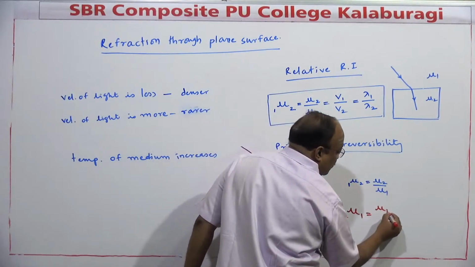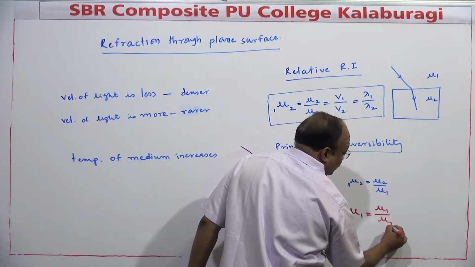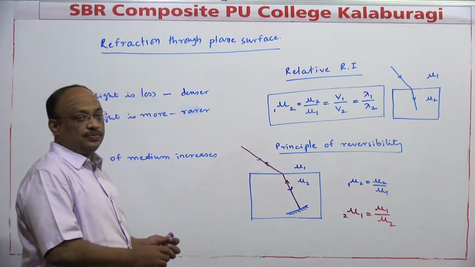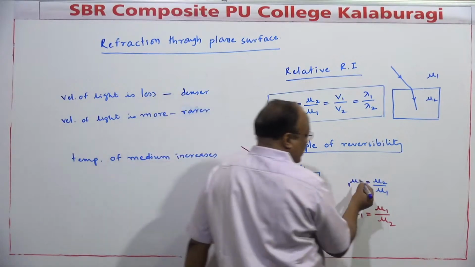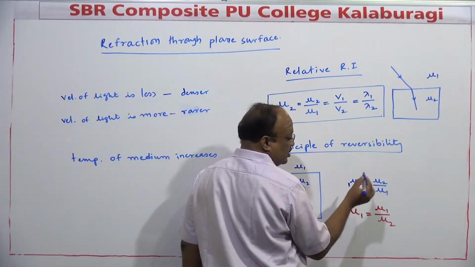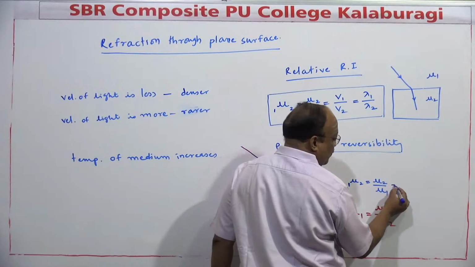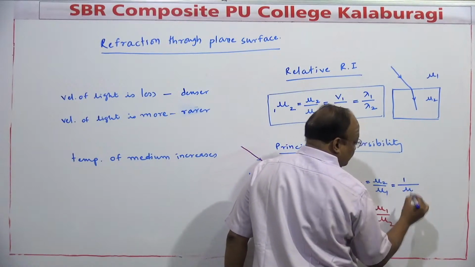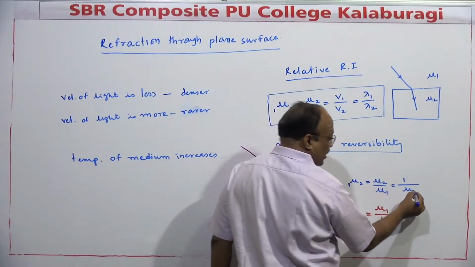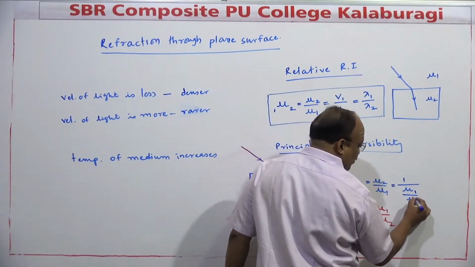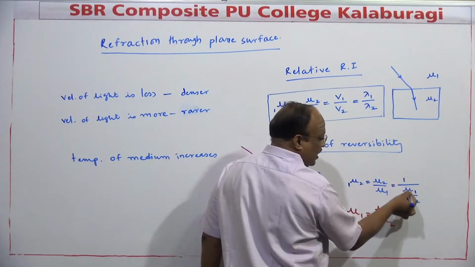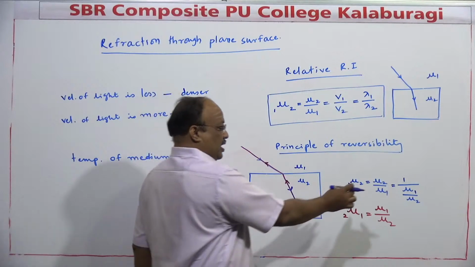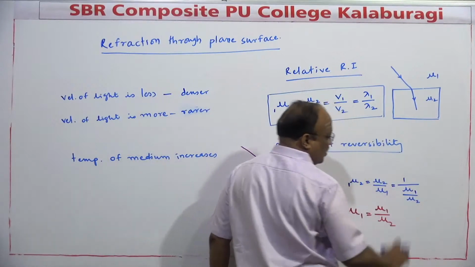That is mu1 by mu2. So the refractive index of second with respect to first is mu2 by mu1, and this I can write as 1 by mu1 by mu2.